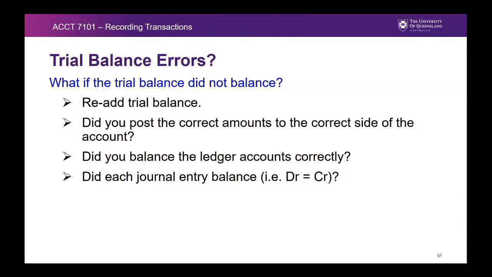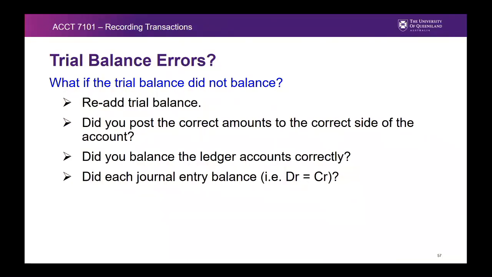So usually think, well, what can I do about it? There are a number of things you can try. If you're asked to do a trial balance, in any exercise, like a tutorial problem, try to re-add the columns, re-add the debits and credits, and see if that's sorted out. If you're using a spreadsheet, you'll know that's correct anyway.